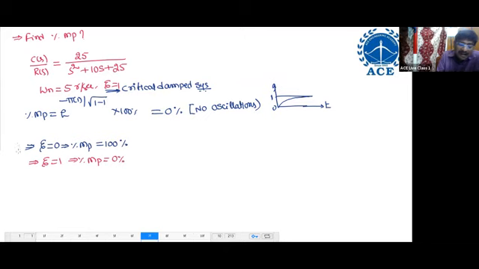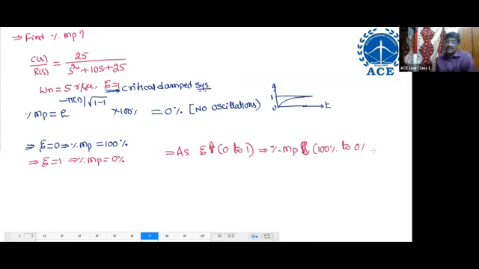That means as zeta increases from 0 to 1, the percentage of MP decreases from 100% to 0%.